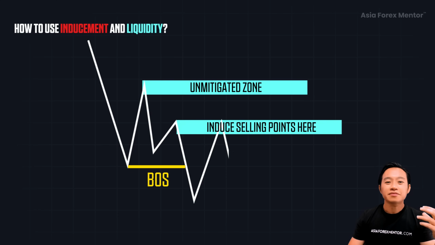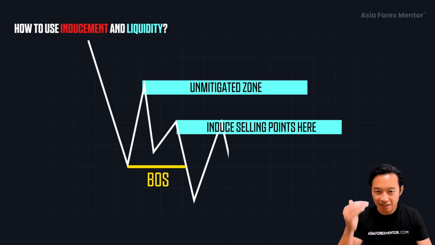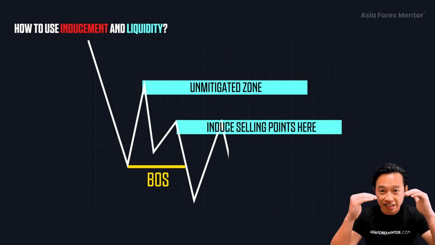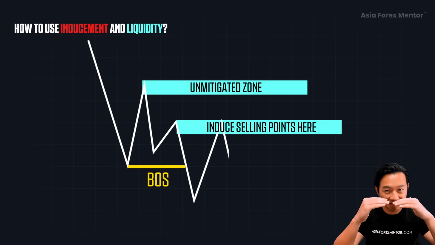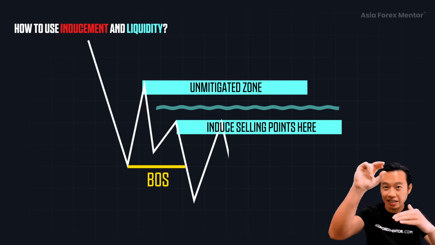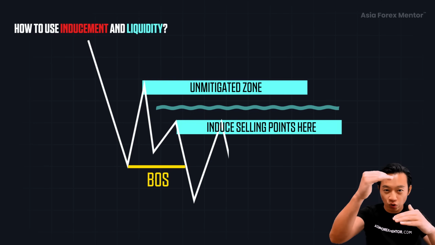Now, as you can see here, like I said, this scenario is set up by market makers, right? And it has generated a lot of liquidity, right? Just below our first, the upper one, unmitigated zone.